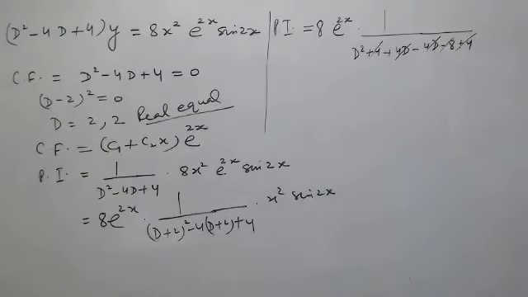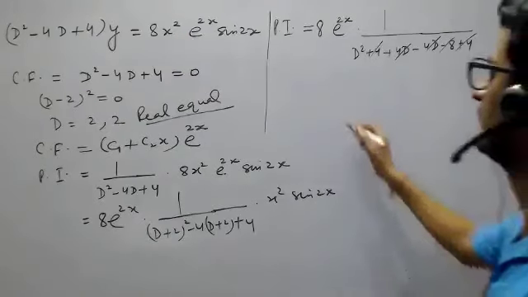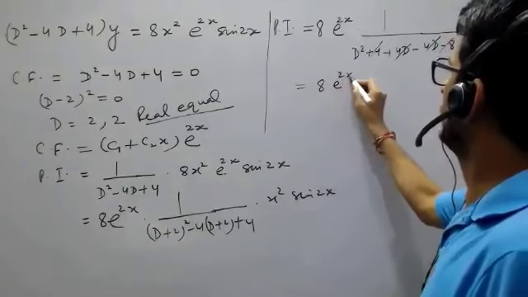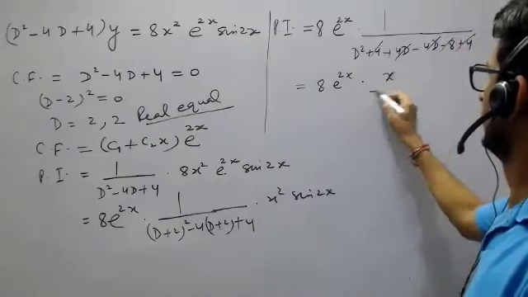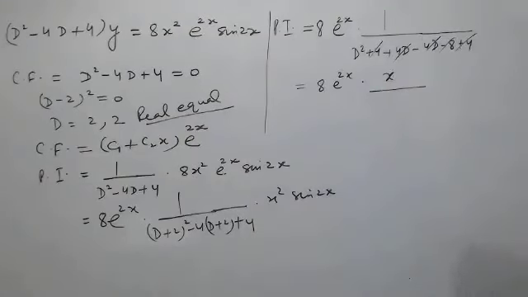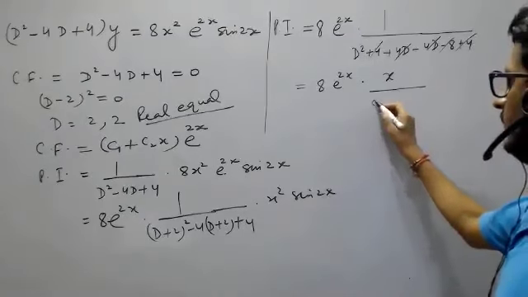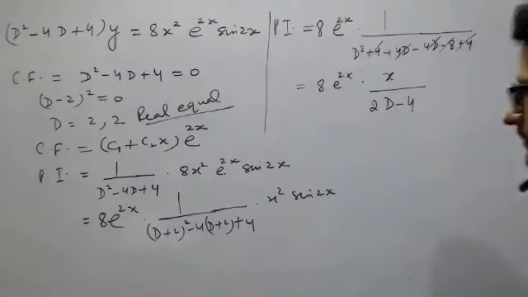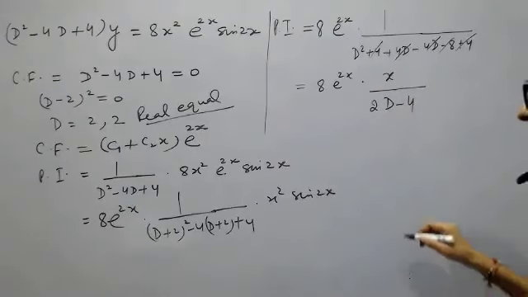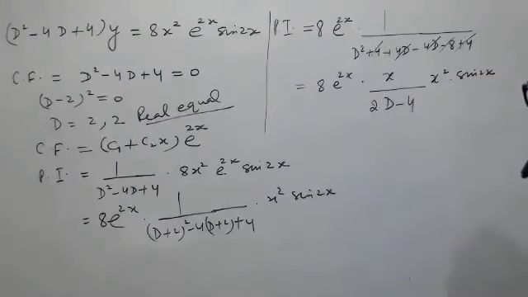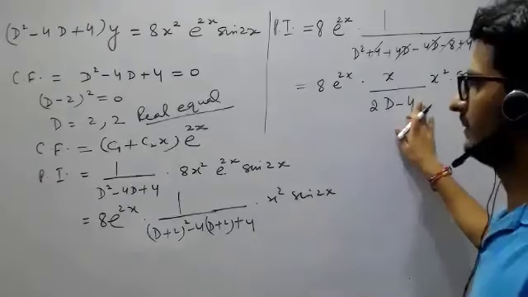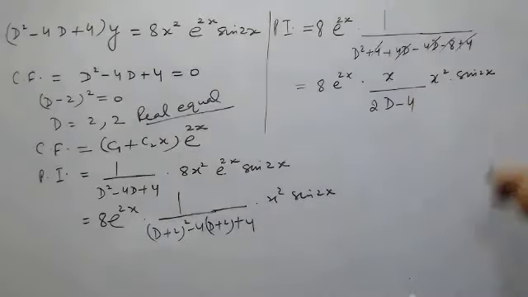So what I am going to do is I will write 8 e to the power 2x into x upon 2D minus 4 x square into sine 2x. So I have to multiply and then put a.